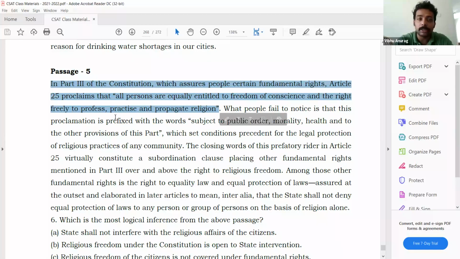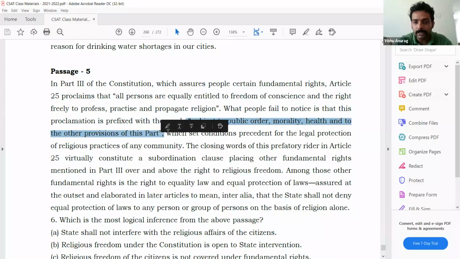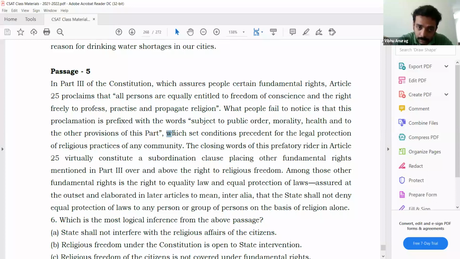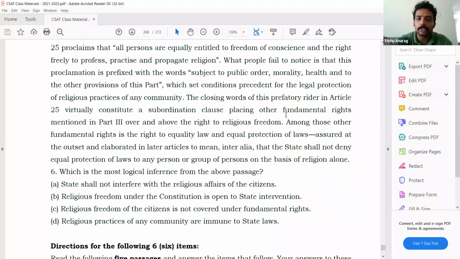What people fail to notice is that this proclamation is prefixed with the words subject to public order, morality, health, and to other provisions of this part. So it is subject to some conditions, with set conditions precedent for the legal protection of religious practices of any community. And he says that the closing words of this prefatory rider in Article 25 virtually constitute a subordination clause.